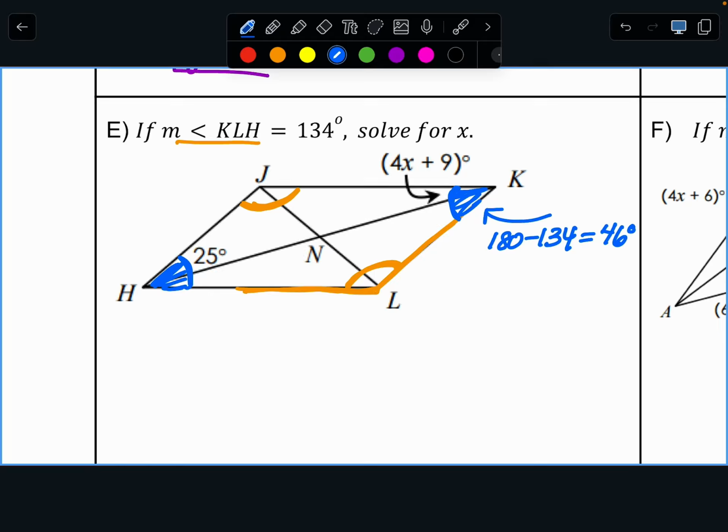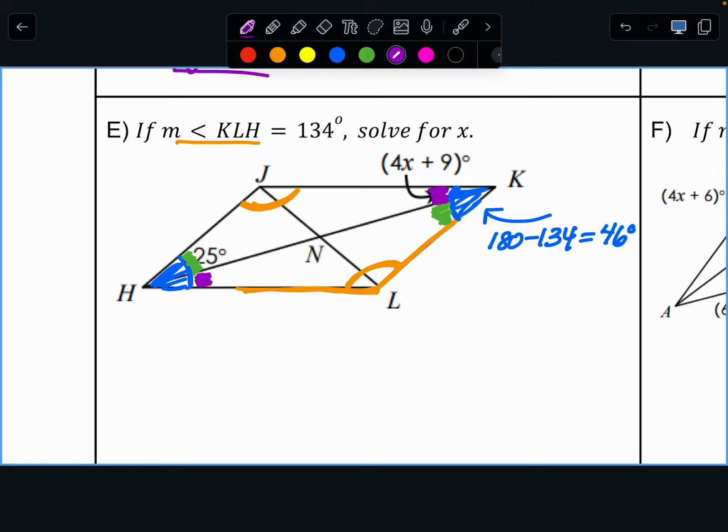Now you have to recognize something about alternate interior angles. I can't set these two equal to each other because they're not. So you have to recognize that this piece is the same as this piece, and this piece is the same as this piece.